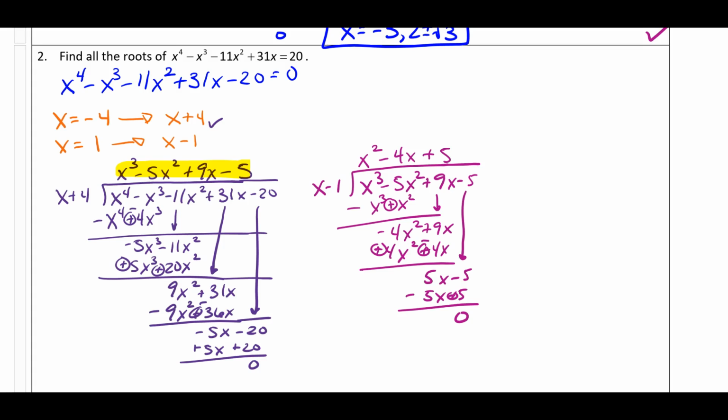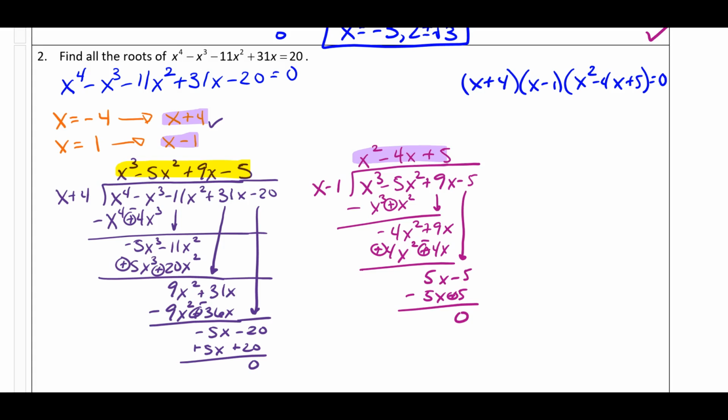So I'm going to take my three factors. Yes, 3. Our three factors are x plus 4, x minus 1, and this new quadratic. So we're going to write those down: x plus 4 times x minus 1 times x squared minus 4x plus 5, and this all equals 0.